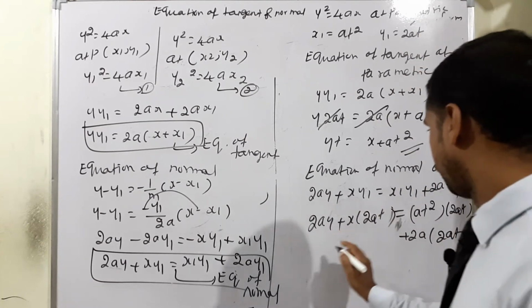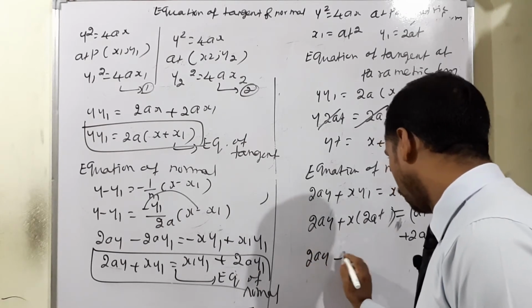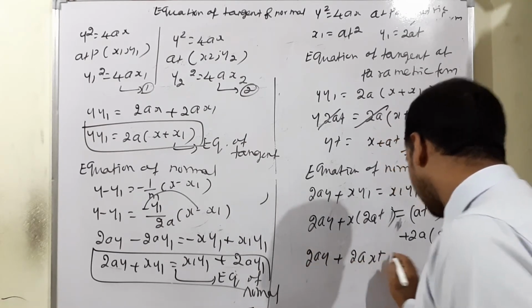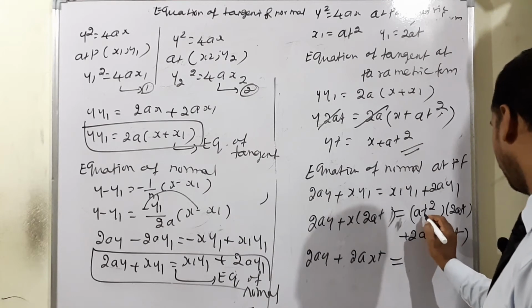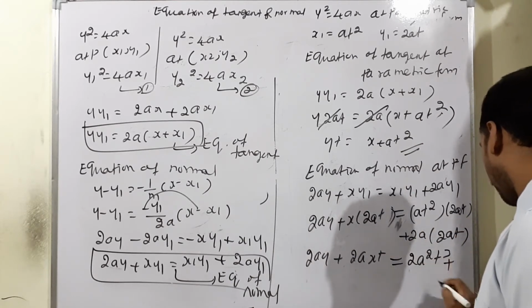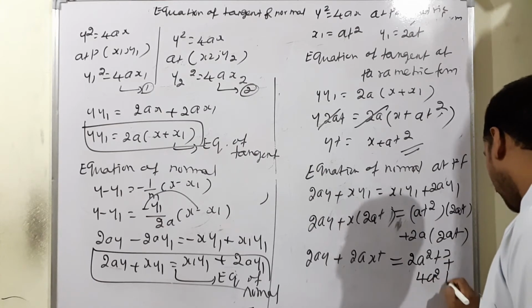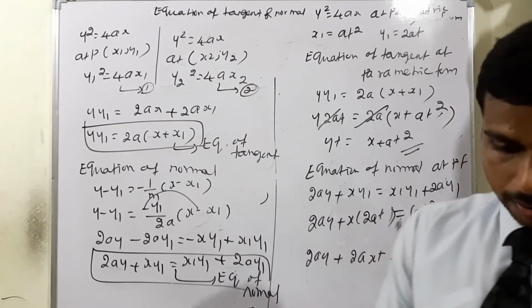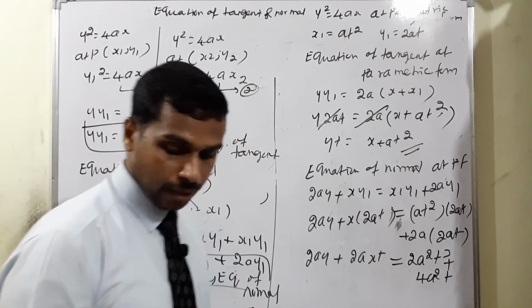Therefore, last condition: 2ay plus 2axt is equal to a into a, means 2a square t cube, plus last condition 4a square t. Each and every term divided by 2a, what will happen?